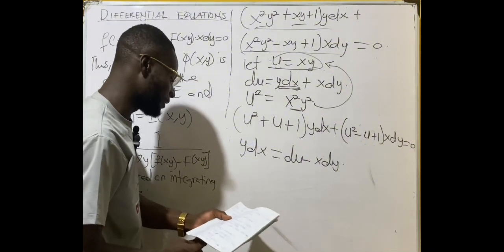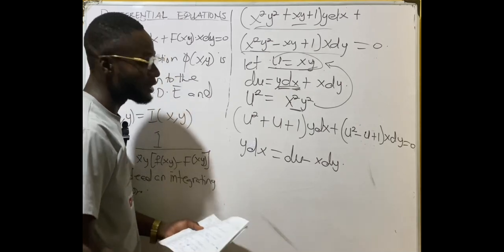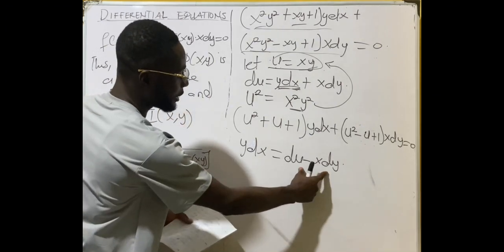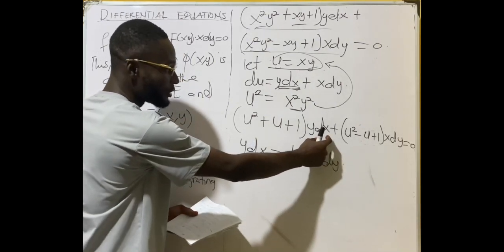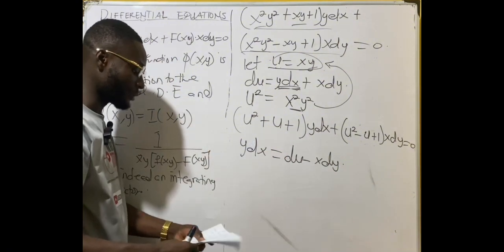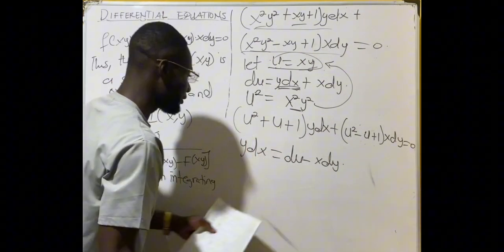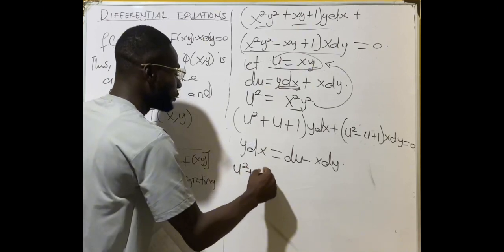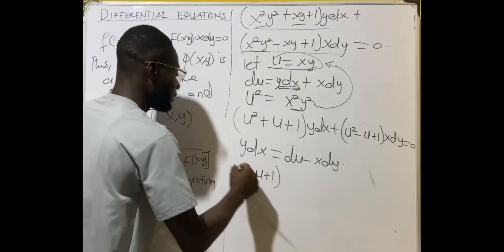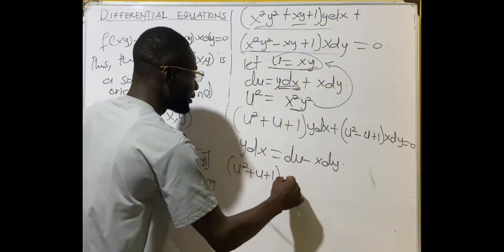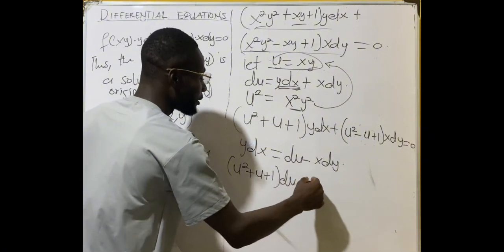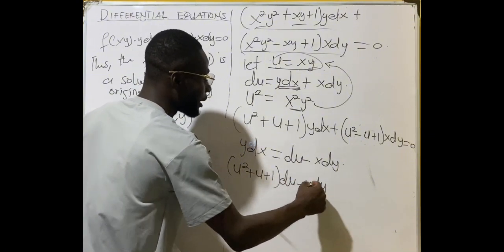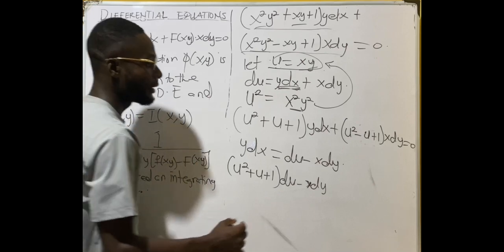So let's proceed with that. We're going to do that substitution. We're going to put this expression in place of wherever we see y dx, right? So we do that. We're going to have u squared plus u plus 1 multiplied by du minus x dy, right?